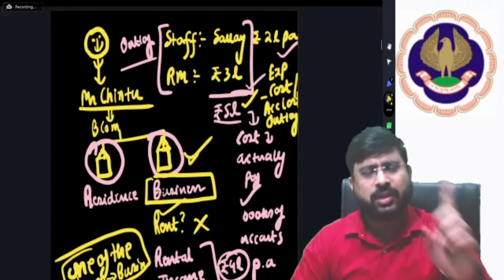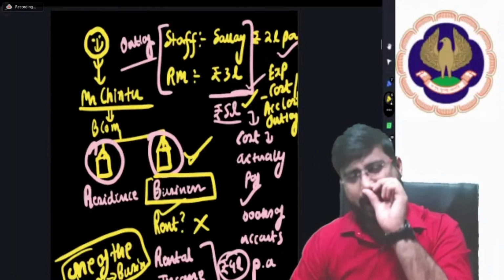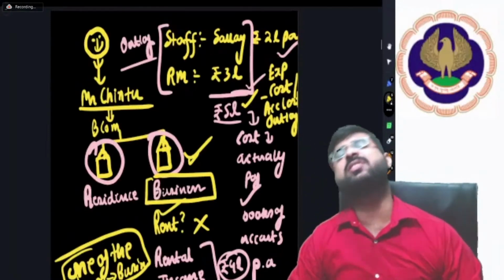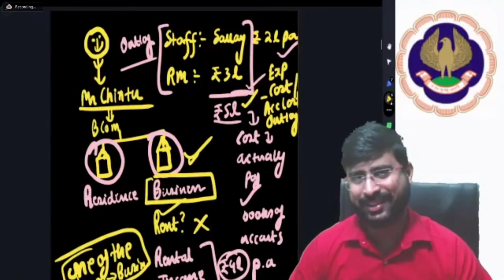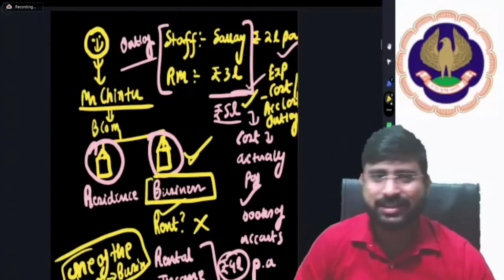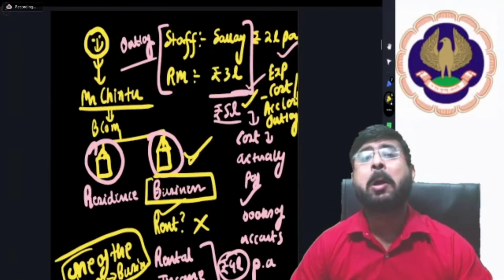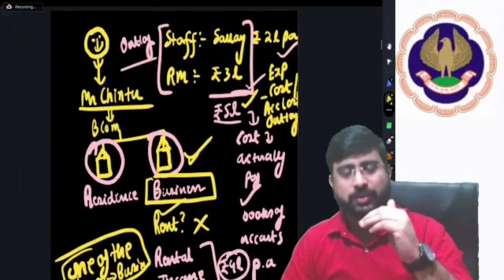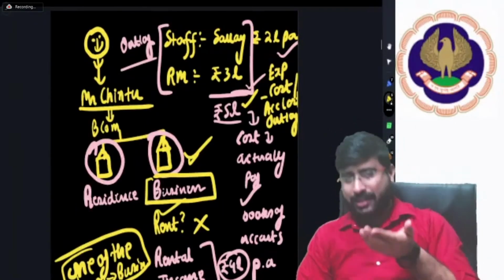Now, guys, pay attention. If Mr. Chintu would have not used the house for business purposes, Mr. Chintu could have gotten rent on that. He could have given the other house on rent, and he could have earned money from it. But did money come in?